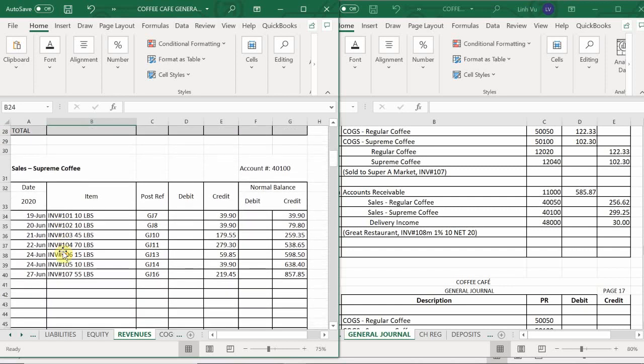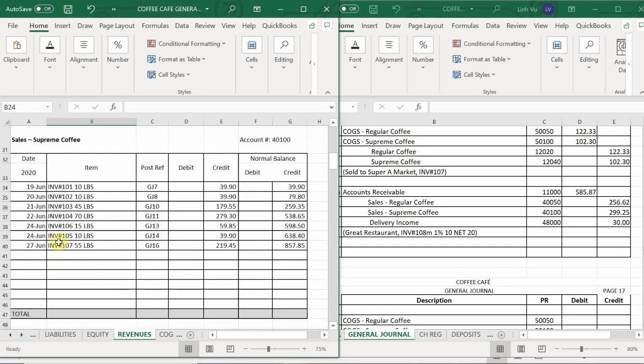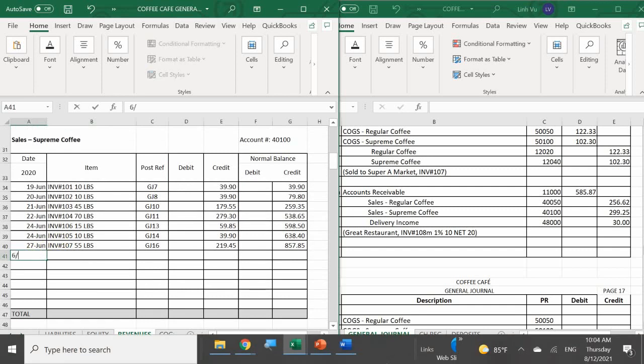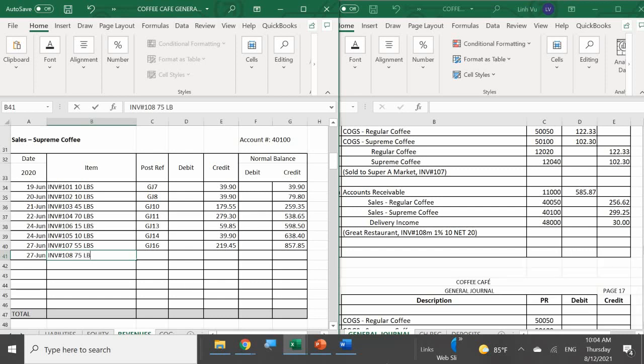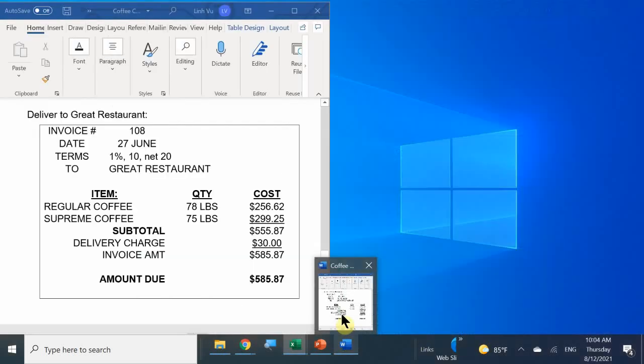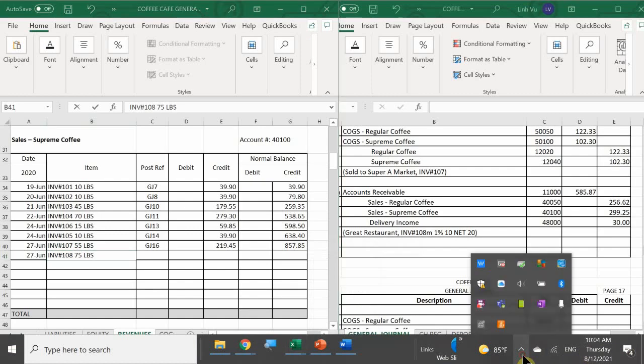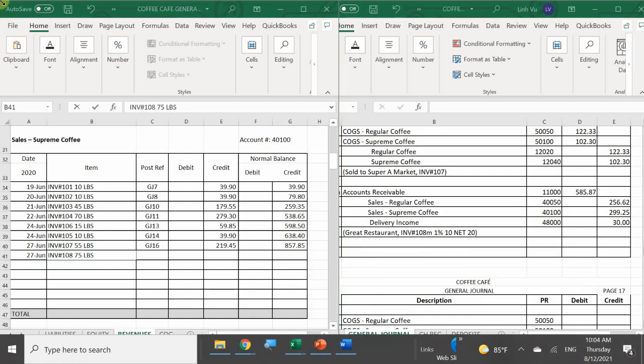Then the next thing that we got to do here is we got to enter in our sales for the Supreme coffee. So once again, invoice number 108. And I believe we sold 75 pounds of the Supreme coffee. Let's see, just to make sure. 75 pounds of the Supreme coffee. Okay. Good.